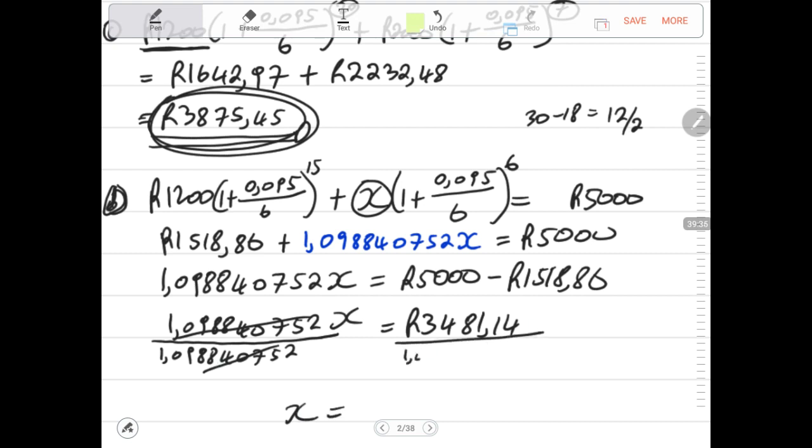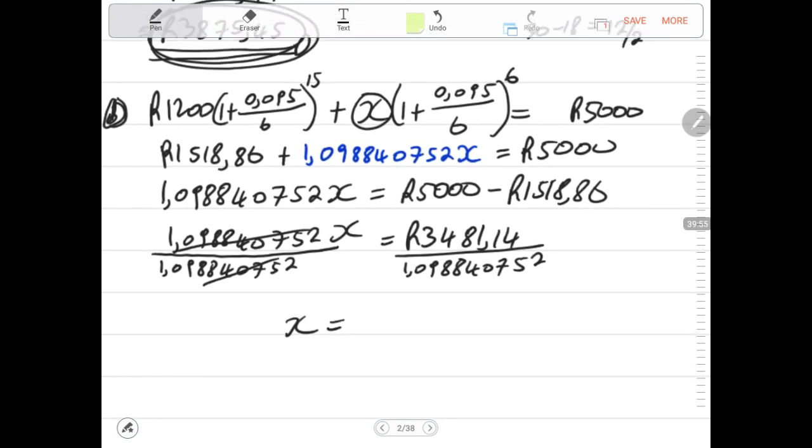Divide here by 1.098840752. Then we say 3,481.14 divided by 1.098840752. This gives us an amount that will be invested at the end of month 18 as 3,168 rand 1 cent.